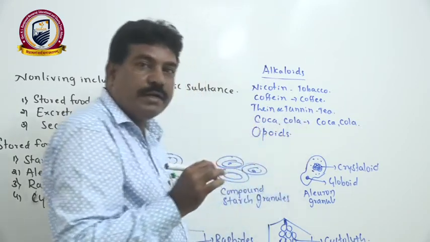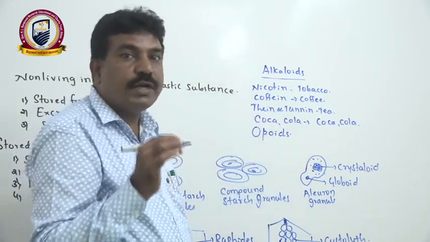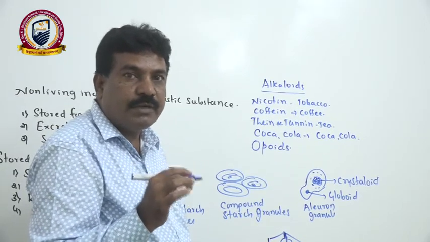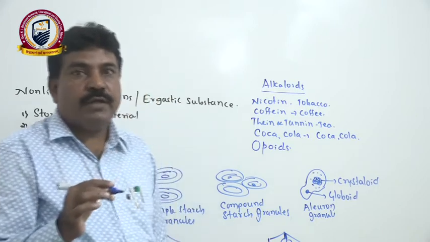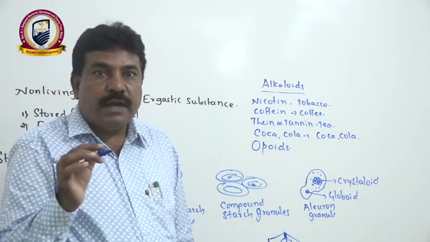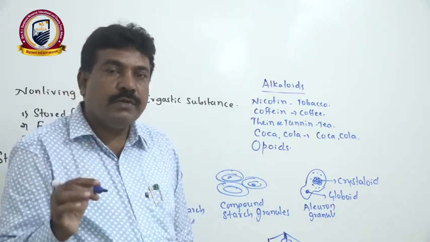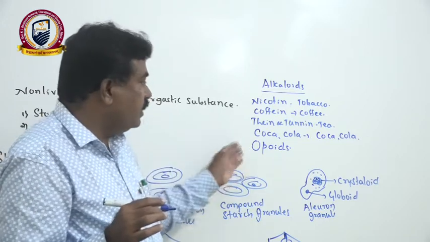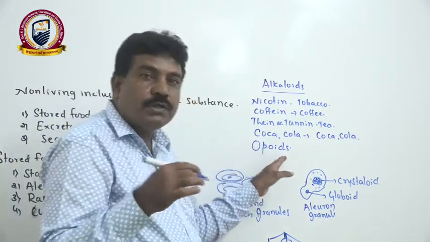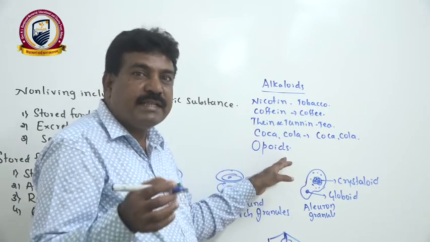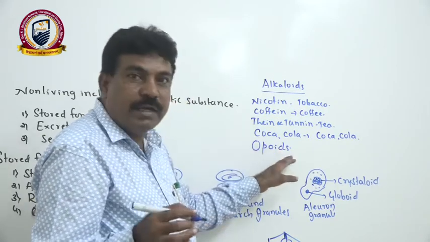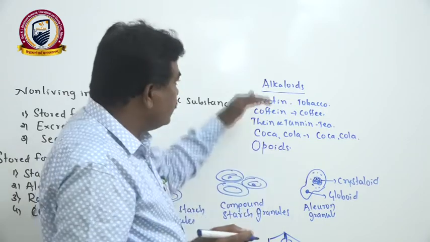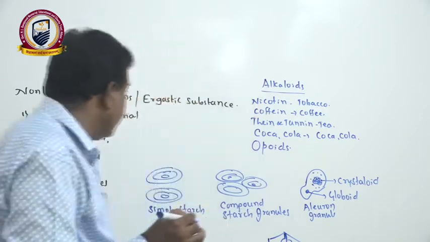It is an alkaloid used as a narcotic drug. From it we can extract opium, heroin, brown sugar, and even morphine and codeine. Medically, these opioids are also used as analgesic medicine or painkillers, but long-term intake may cause addiction. These are the different excretory materials.